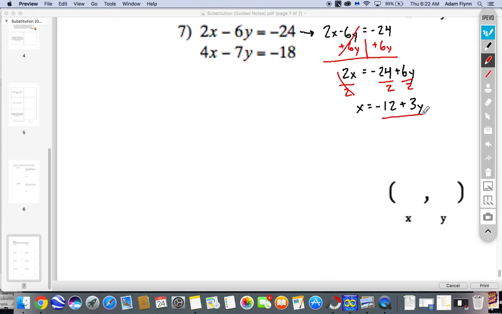So I can take this negative 12 plus 3y and substitute it in for x in the bottom equation. So let's go ahead and do that. I have 4, but instead of x, I have negative 12 plus 3y, minus 7y equals negative 18.